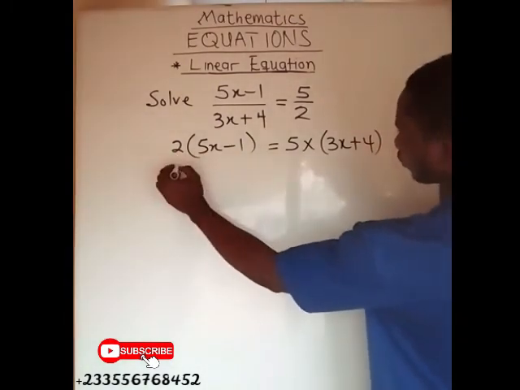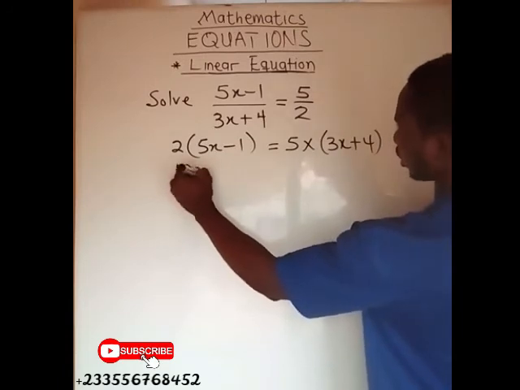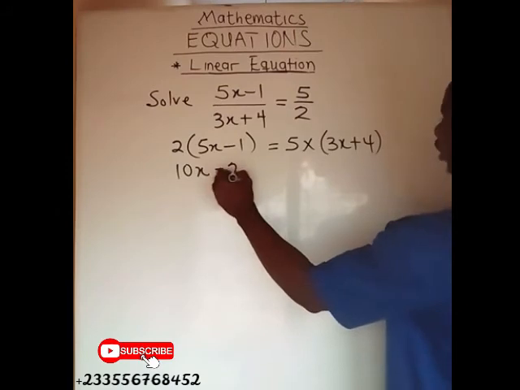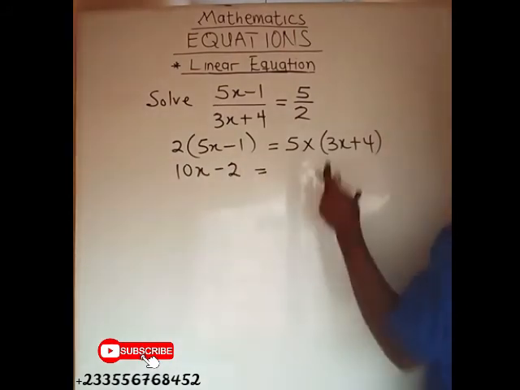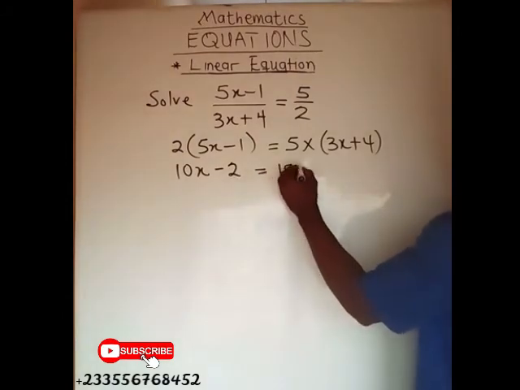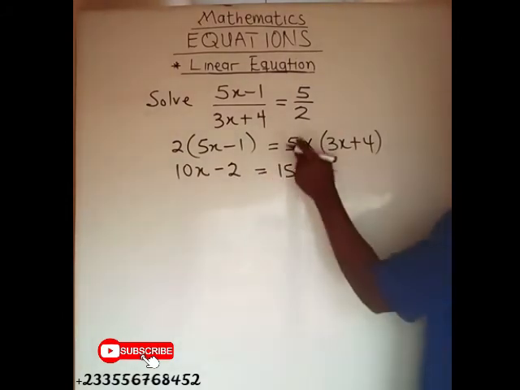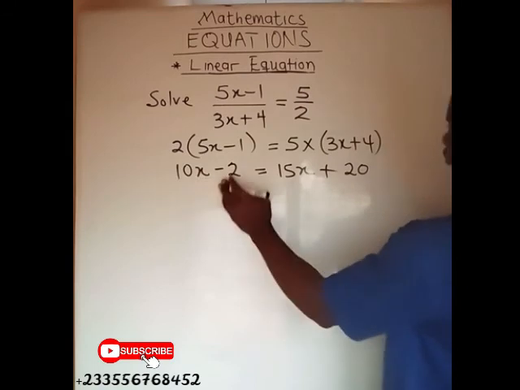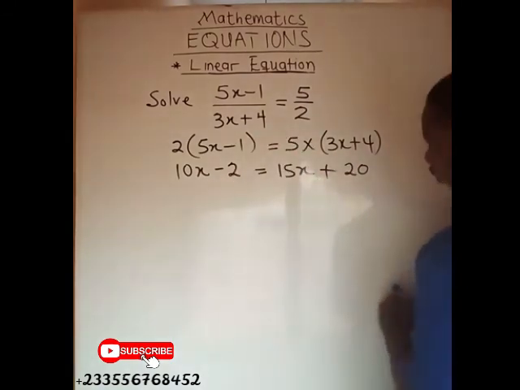We have 2 times 5x will give us 10x. 2 times minus 1 will give us minus 2, which is equal to 5 times 3x will give us 15x, plus 5 times 4 will give us 20. So at this point, we group like terms.